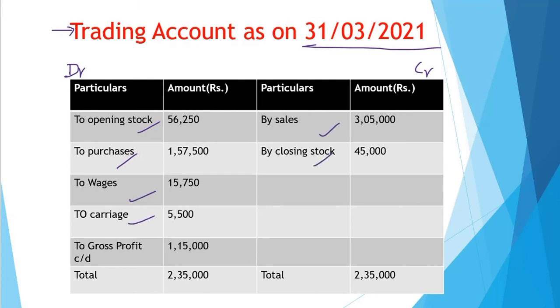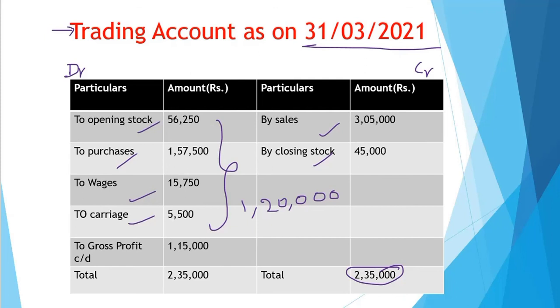Let us calculate this, guys. After calculating the credit side, we got 2,35,000. Next, after calculating opening stock, purchases, wages and carriage, we got 1,20,000, guys.